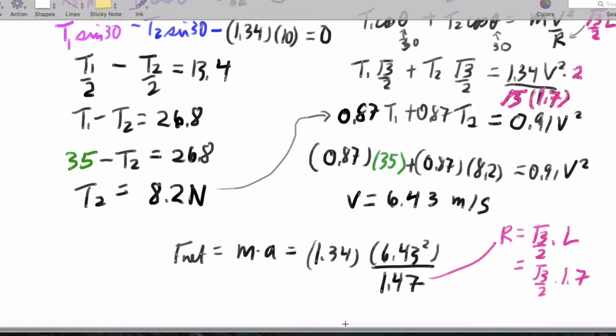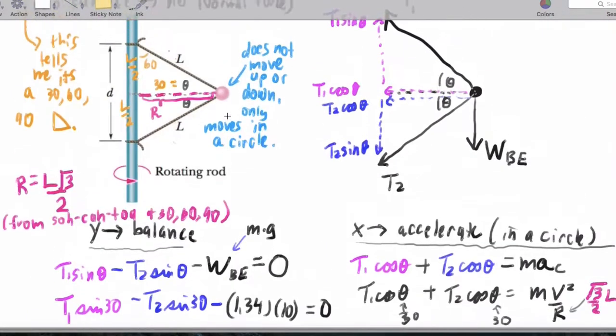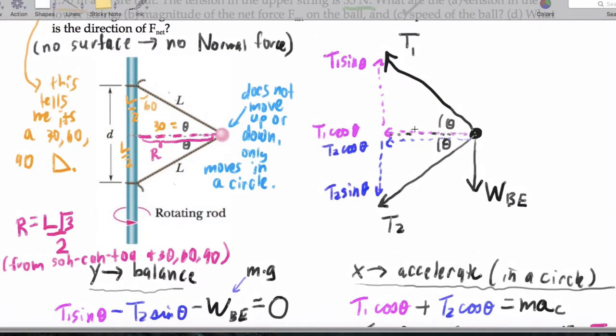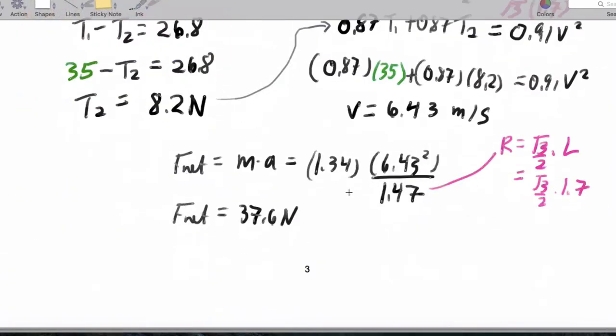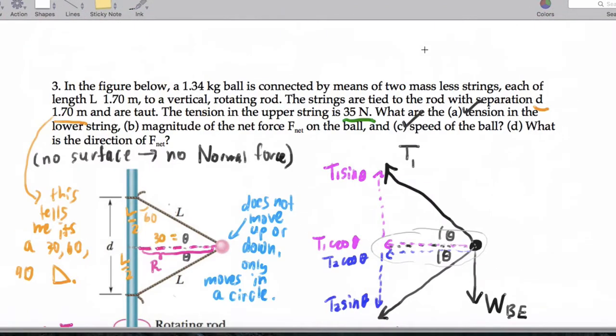And that's giving me a net force of about 37.6 newtons. And let's be clear, centripetal acceleration always pulls things to the center of the circle. And if we look, the net force points left.